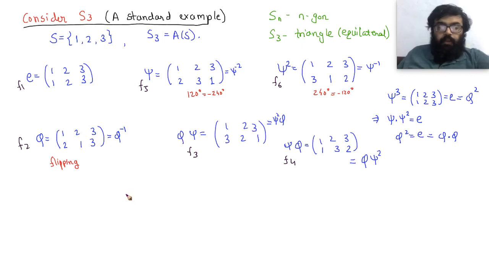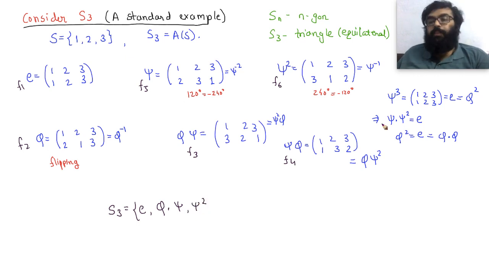Finally, if you want to write S3, this group we can write as the identity element, as the group always has identity. Then phi square equals identity, and if we multiply psi with psi we get psi square. If we again multiply, psi cube is again identity.